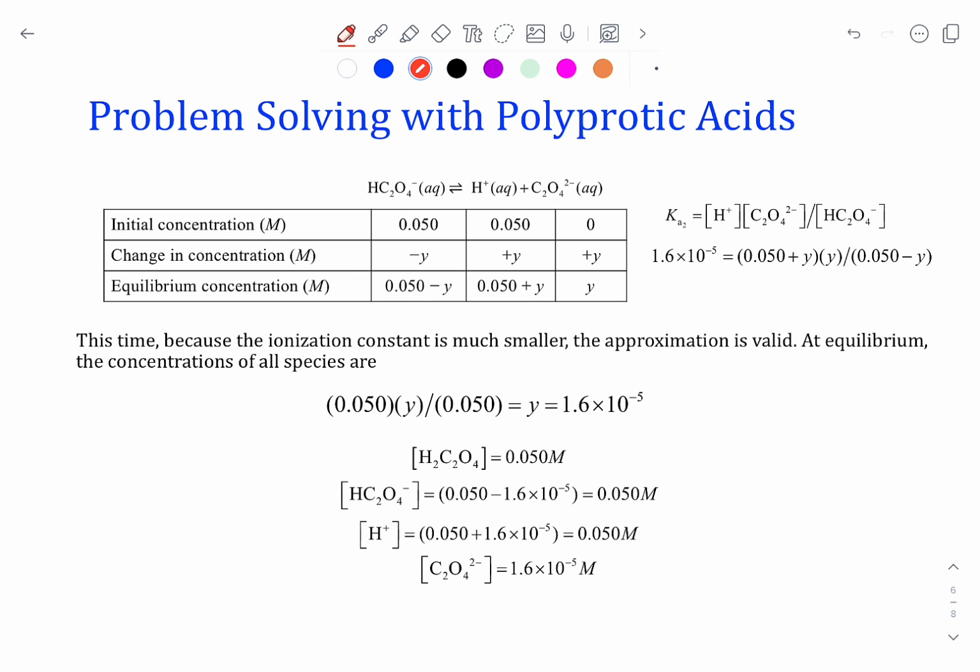We filled in our ice table, we solved for y because we saw these as negligible, and then the 0.05 canceled on top and bottom, meaning that the H2C2O4 concentration was equal to 0.05, which we solved in our first ice table. We then used y, we canceled out y in both the HC2O4- and the H+ column, so their concentrations are also 0.05. And then we plug in y for the C2O4, so that's the 1.6 times 10 to the minus 5 value there.